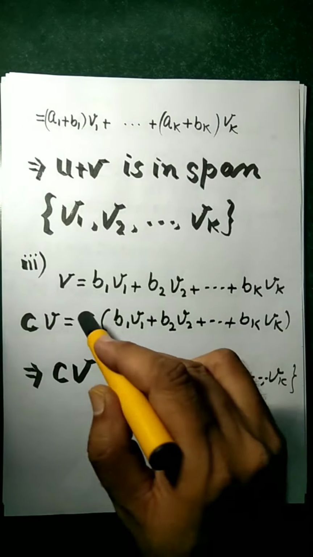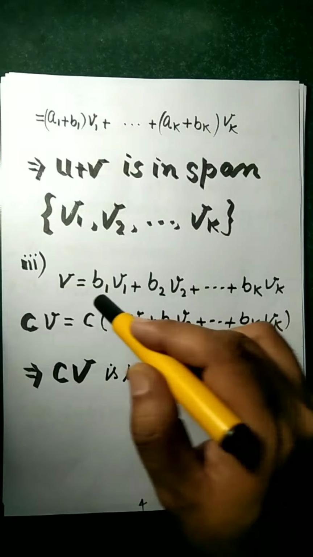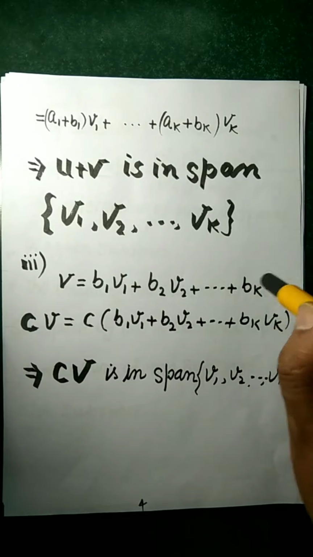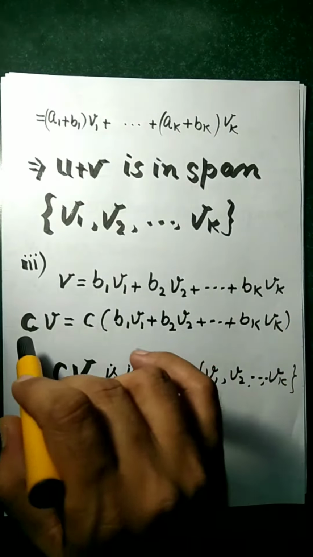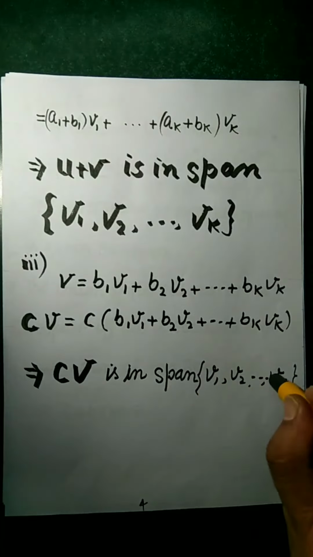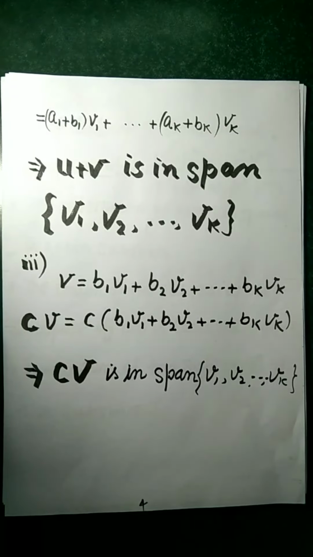Let us check scalar multiplication. Let us consider v equals b1 v1 and so on, a linear combination of these elements, and multiply by the scalar c. So cv is in the span of v1, v2, vk. So we can say the span of the vectors v1, v2, vk is a subspace of V, and the span is the smallest linear space containing the set.